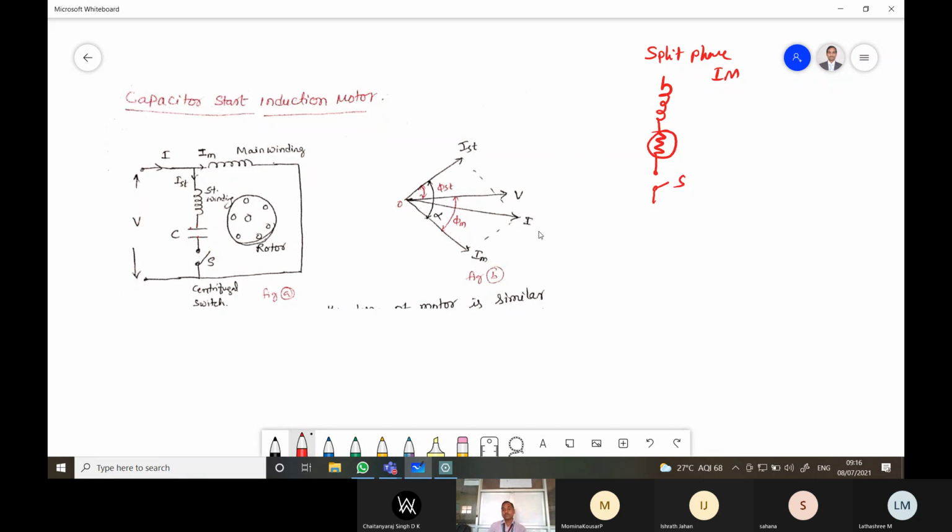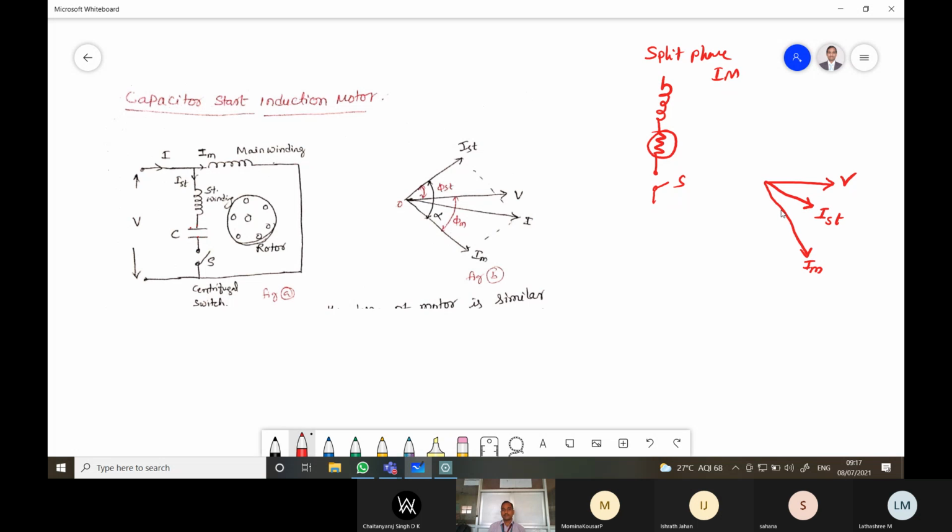case, the vector diagram, the reference voltage V is like this, and because of the resistance the starting current vector will be here, and Im, the running current vector, will be here.